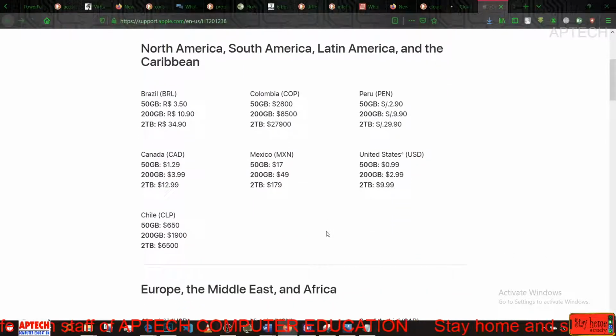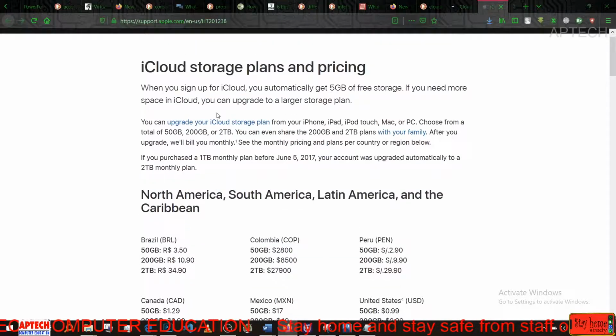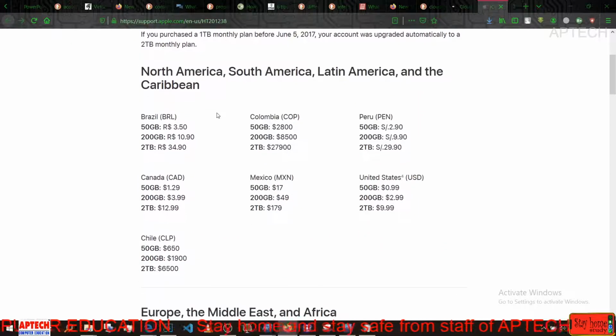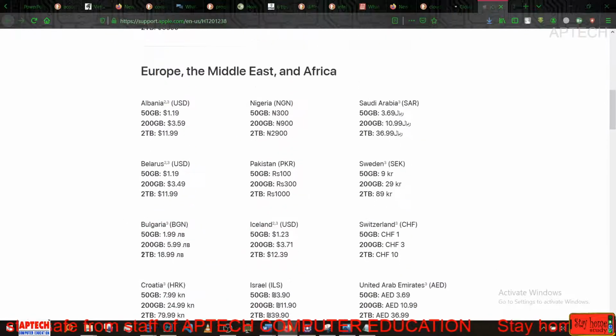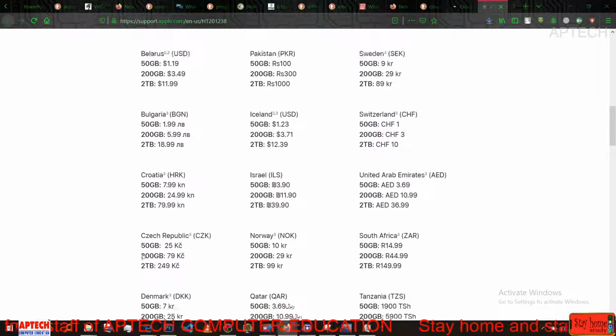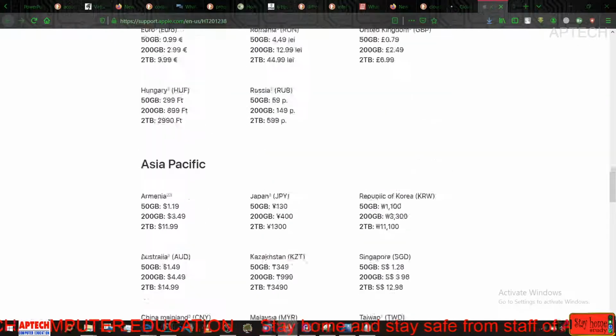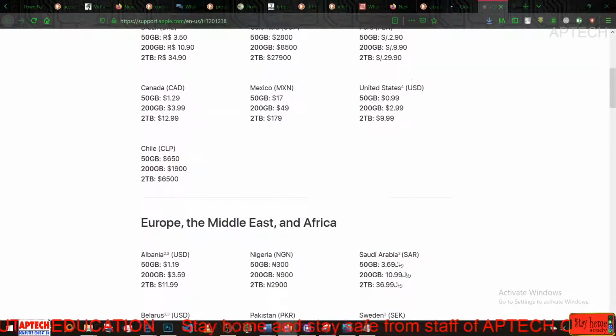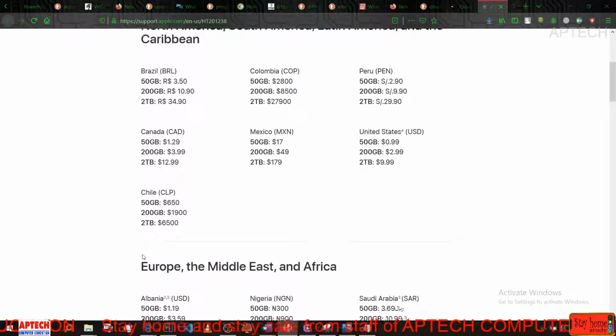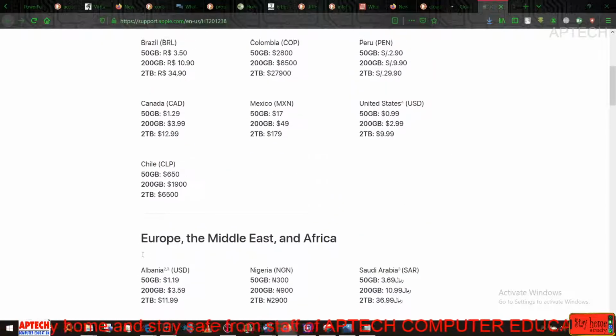As you can see, first and foremost, there are multiple servers from different areas. They're showing you Brazil, Colombia, Peru, Canada, Mexico, United States, Chile. Even in Europe, they have some other areas. So they're all different servers. So you can basically choose where you want your information to be.